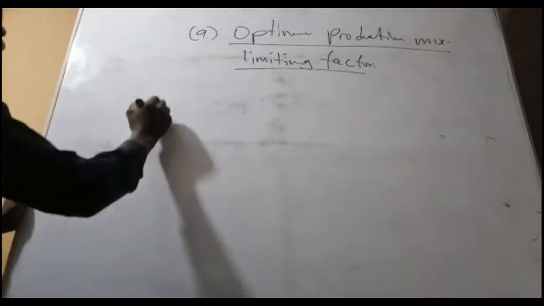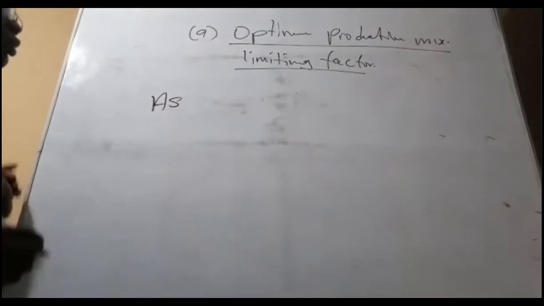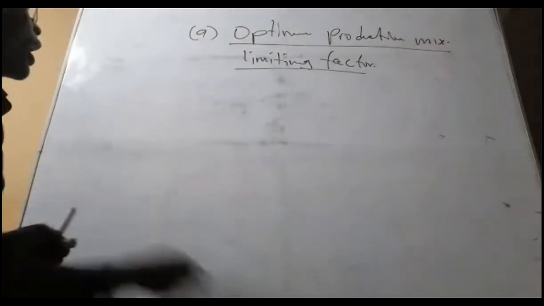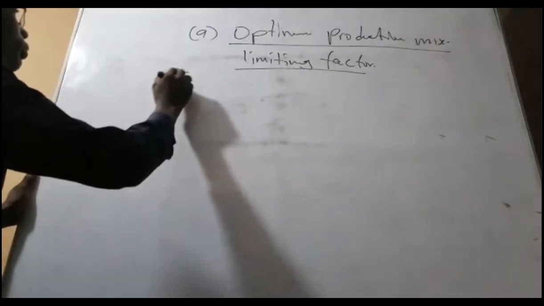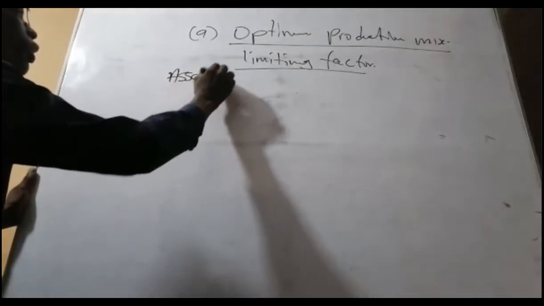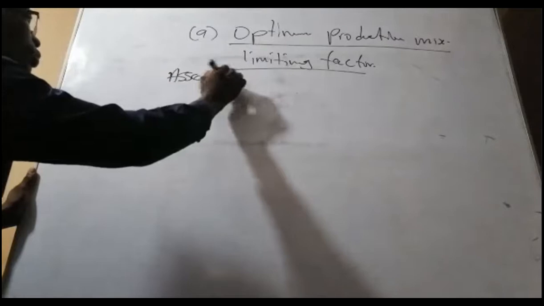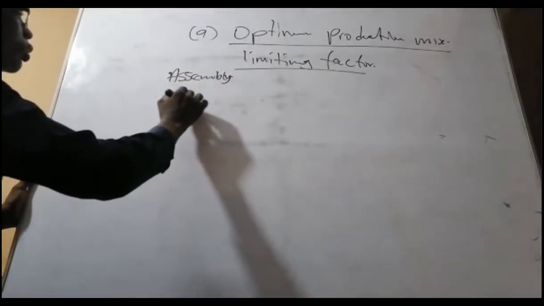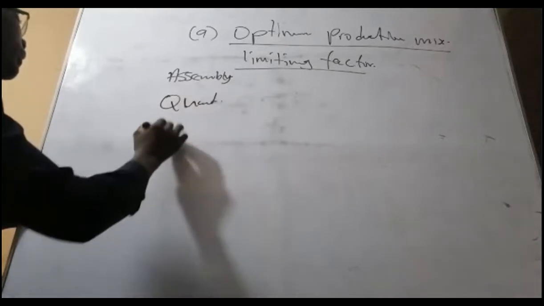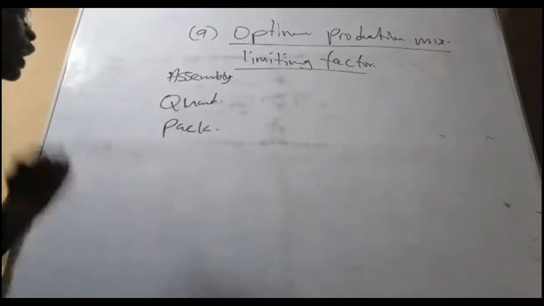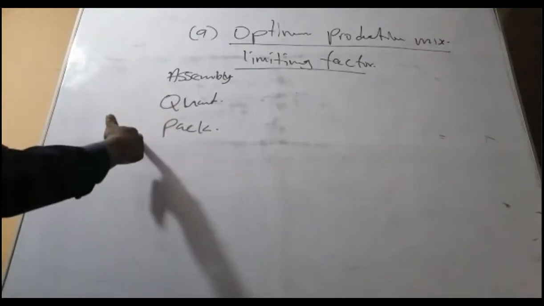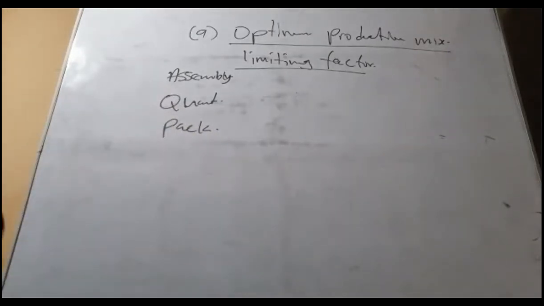So I write assemble. Let me push it up so I'll get enough space. I write assemble. I write quality control and packaging like this. So that is how I listed the resources here.